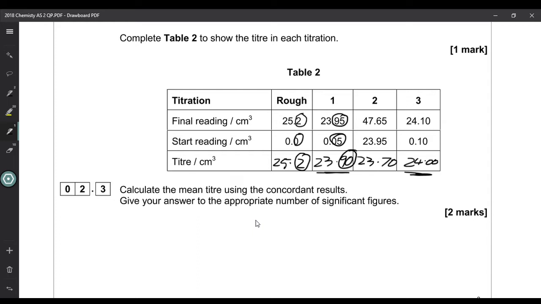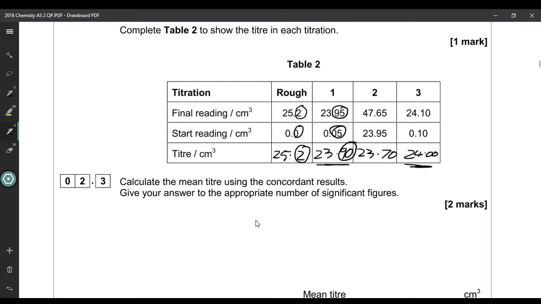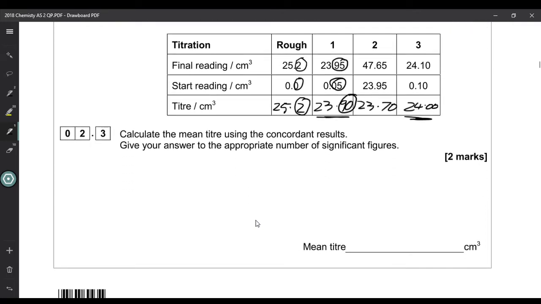So we're just going to use those 2 for our mean. Add them together and divide by 2, which gives us 23.95, and again to 2 decimal places.